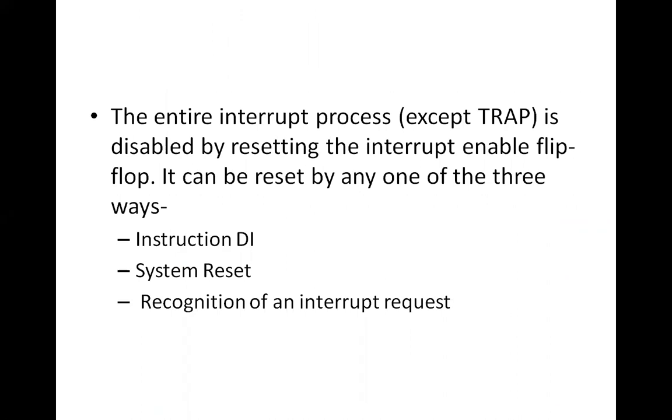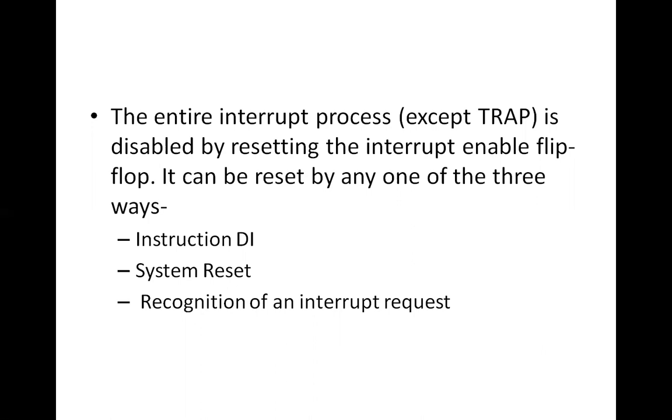Now, as it has been told, the entire interrupt process, except the non-maskable interrupt, that is TRAP, can be disabled by resetting the interrupt enable flip-flop. It can be reset by using the DI instruction. If DI is used, every interrupt line is disabled except TRAP.